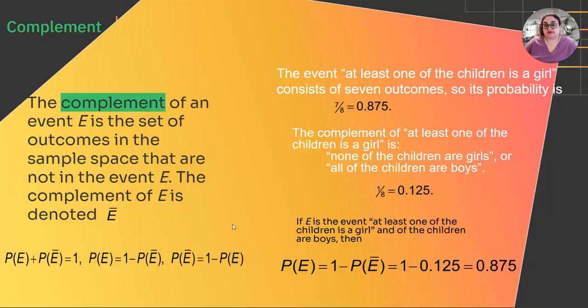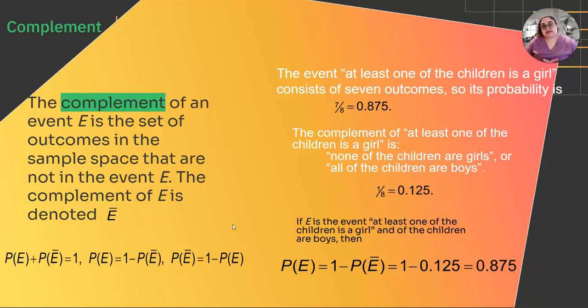The complement of at least 1 is none. So we're looking for groups that have no girls, or the group is all boys. That happens 1 time, giving us a probability of 1 out of 8, or 0.125.